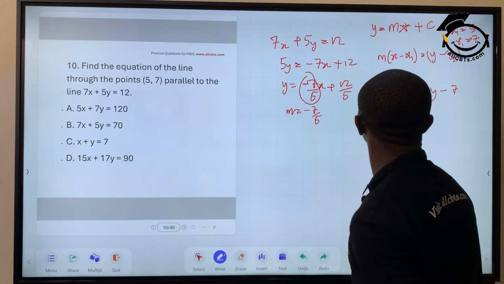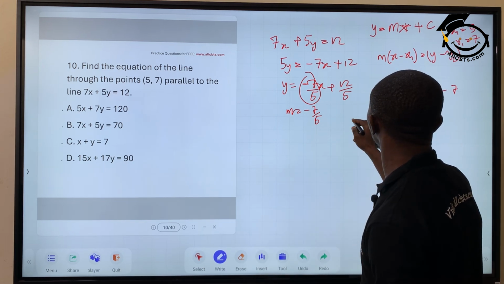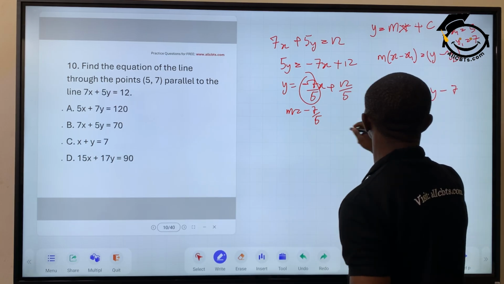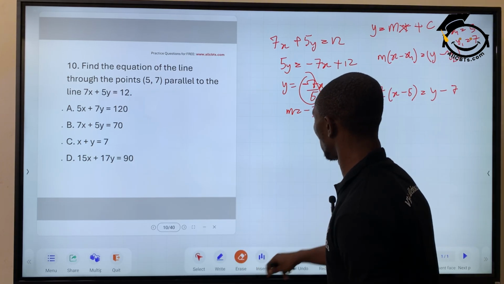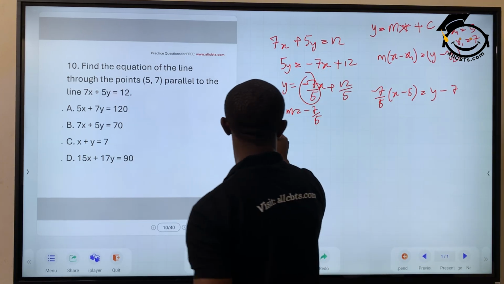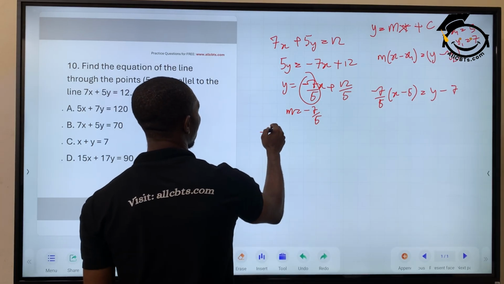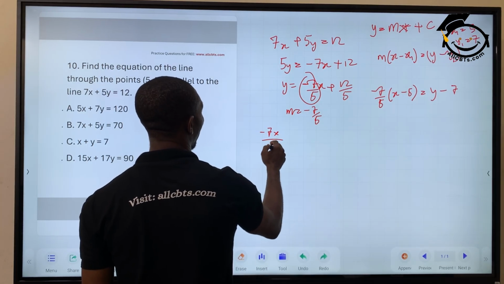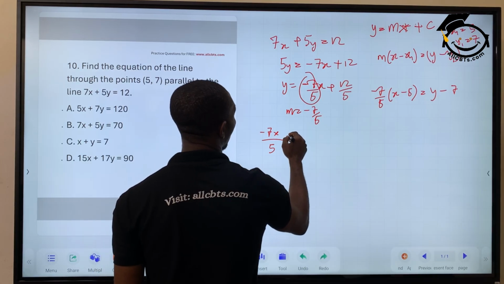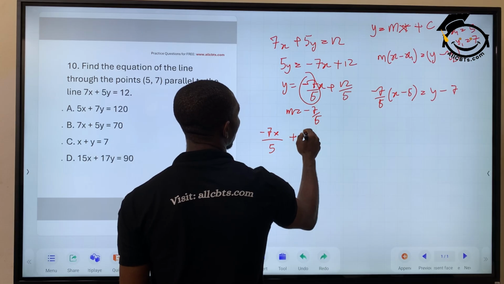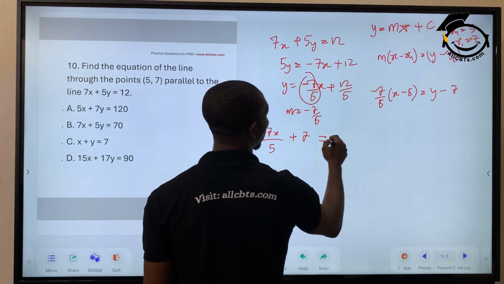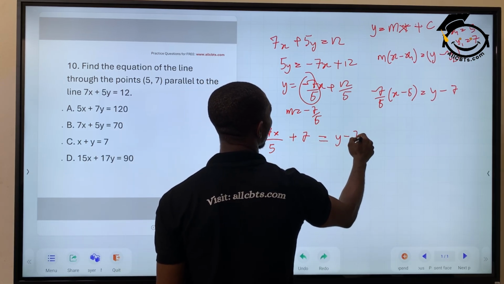Now we can multiply through by 5. Opening up this bracket, we have minus 7x over 5 plus 7 equals y minus 7.